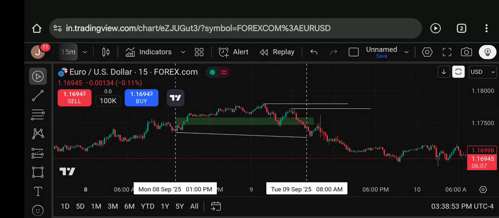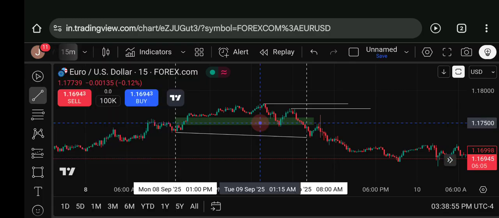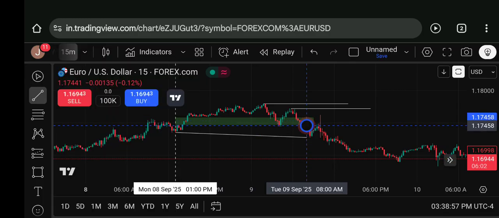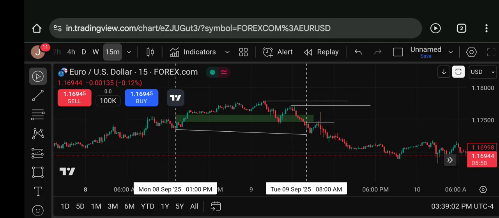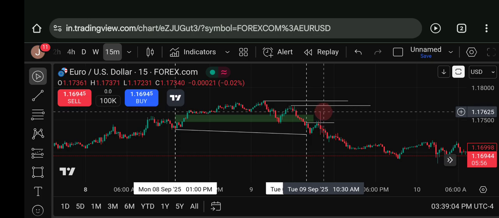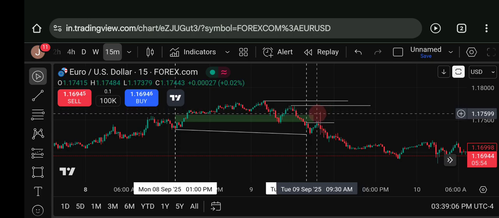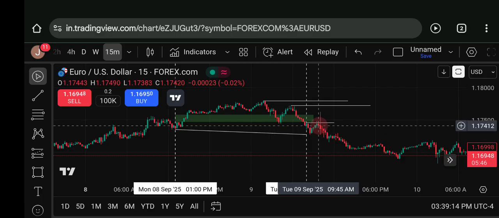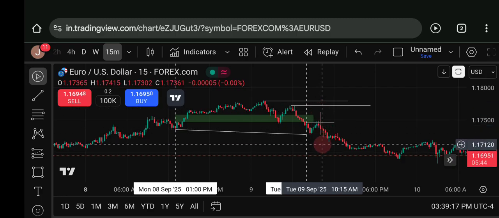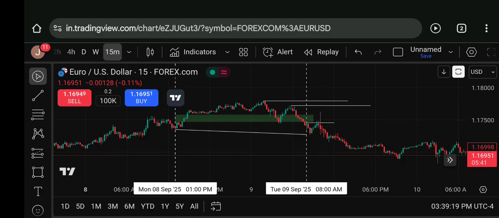But what I did was, I considered this as a market structure shift here, this change in state of delivery, and then I entered. And as you can see, yesterday was also NFP revision, some high impact news which was not on Forex Factory, but immediately it went higher and then it took us out.